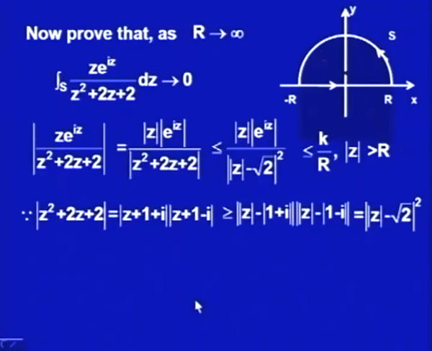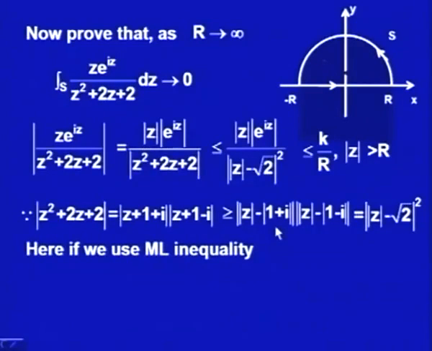From here, if I use the ML inequality on this integral, this function is bounded by k by r on this semicircle with radius r. Using the ML inequality, the absolute value of this integral is less than or equal to M, that is k upon r, into the length of the arc.